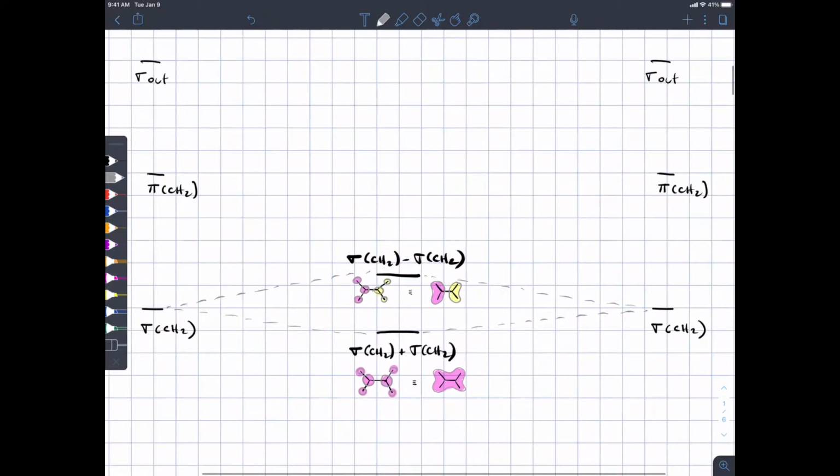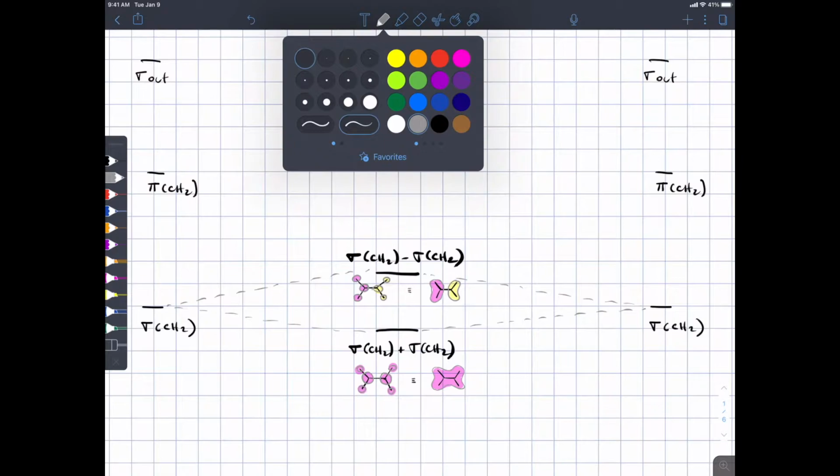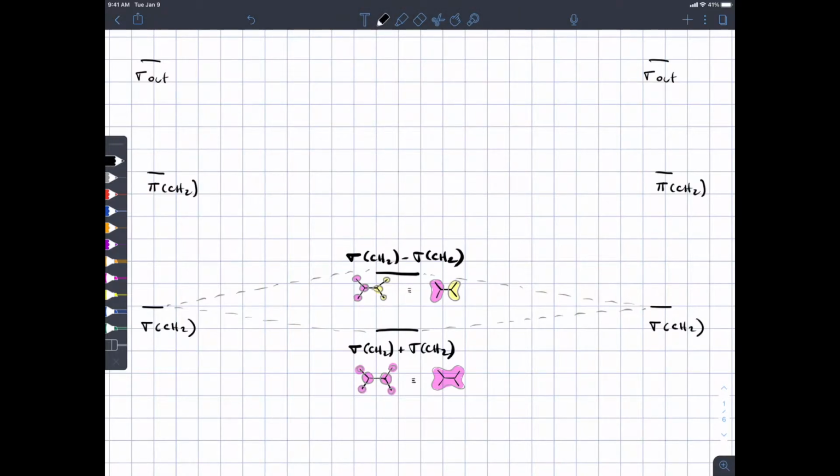All right. So let's now combine the pi CH2s together. As before, when we combine two pi CH2s together, we're going to have the pi CH2 plus pi CH2 combination.